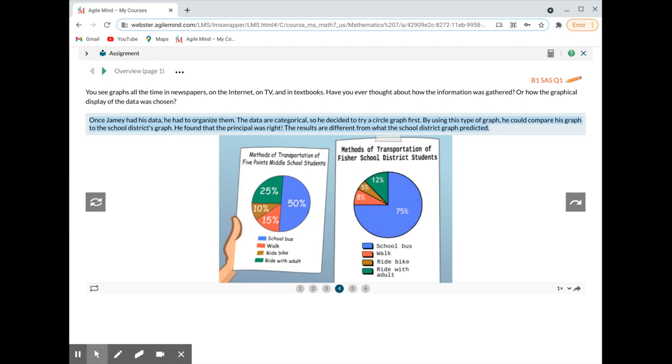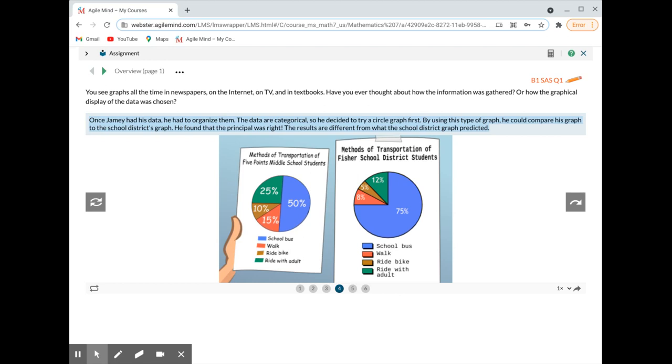So we got the school district information. Is it on the right or the left? The right. Okay, and we're looking at the middle school students. So restate what you said. Jamie's data shows that twice as many students rode bikes compared to students who rode bikes in the school district's data.